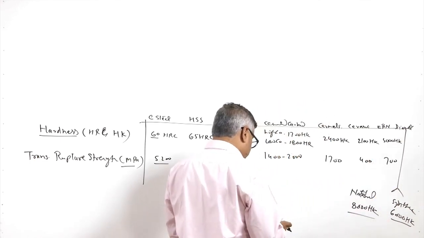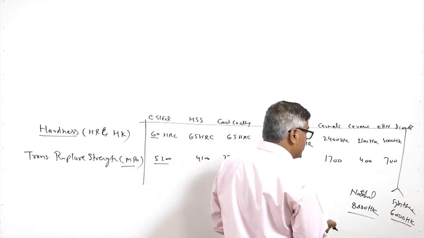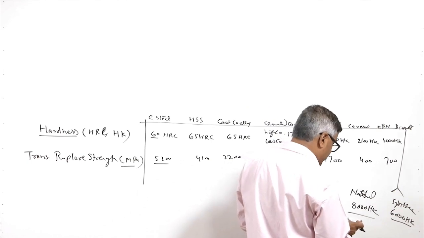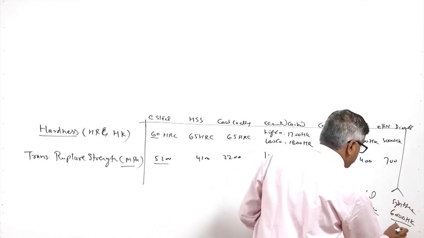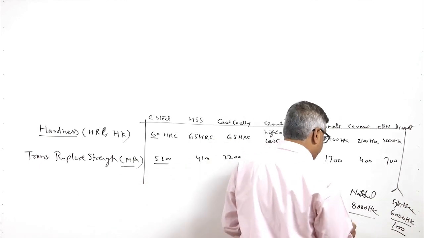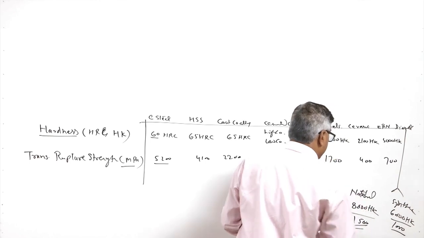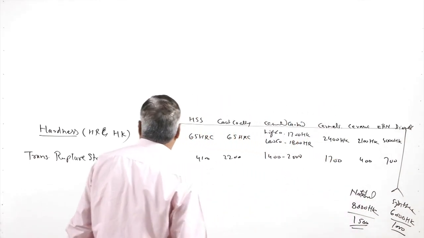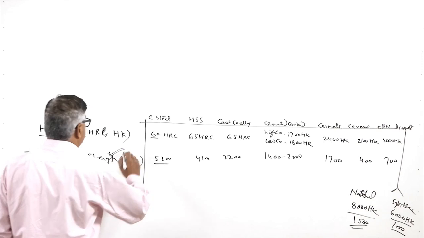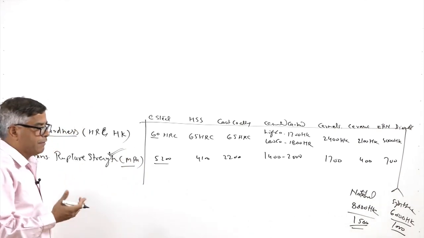For PCD, polycrystalline or synthetic diamond, it is 1000 MPa, and it is 1500 for natural diamond.